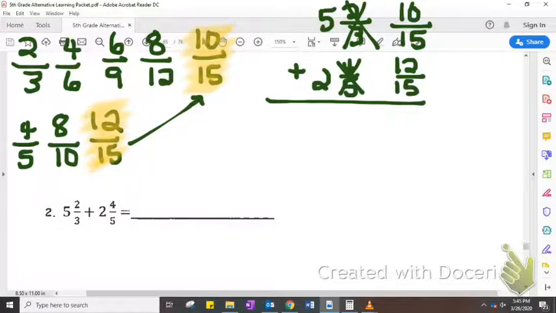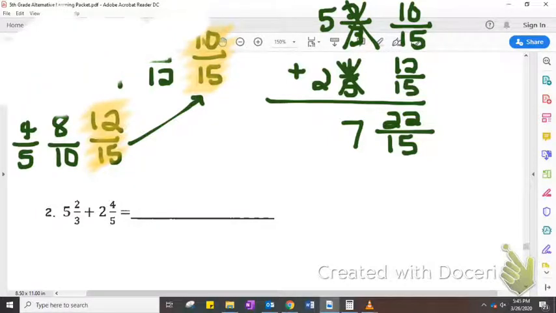Okay, so now I can add them up. 10/15 plus 12/15 is 22/15. 5 plus 2 is 7. Okay, 7 and 22/15.